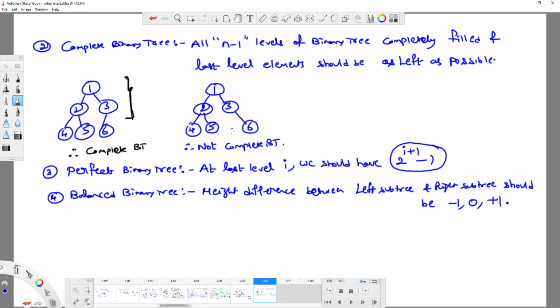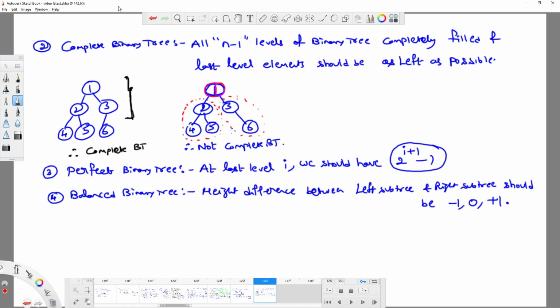So now observe the height difference for this one. What about the left subtree height? Left subtree is nothing but this entire part. What is the height of the right subtree?